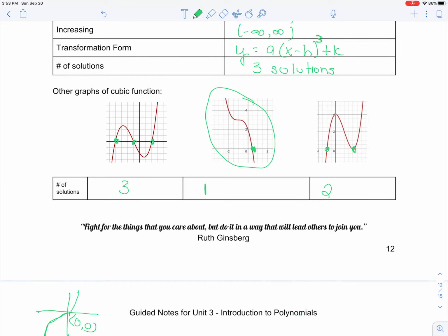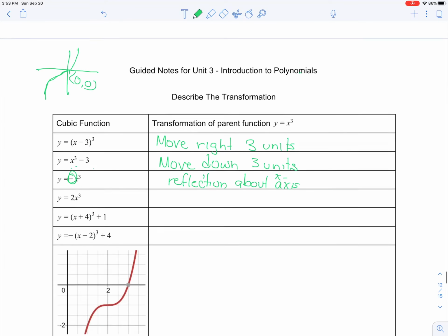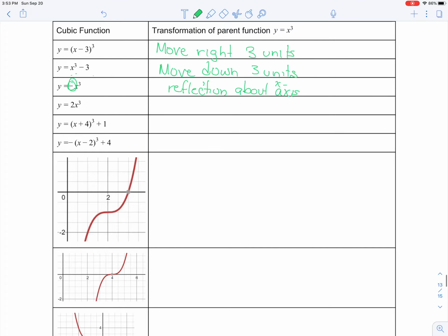So notice when it's reflected, it becomes an always decreasing function. What does the 2 in front of it do? It will stretch it vertically. How do you spell stretch? Oh, stretch. There we go. It's going to stretch it vertically by 2.